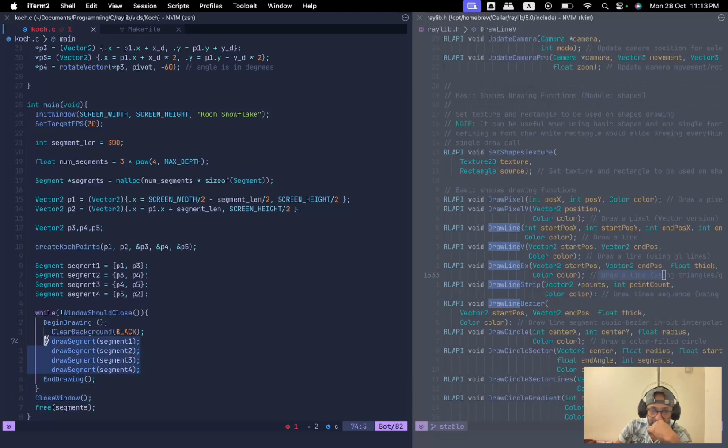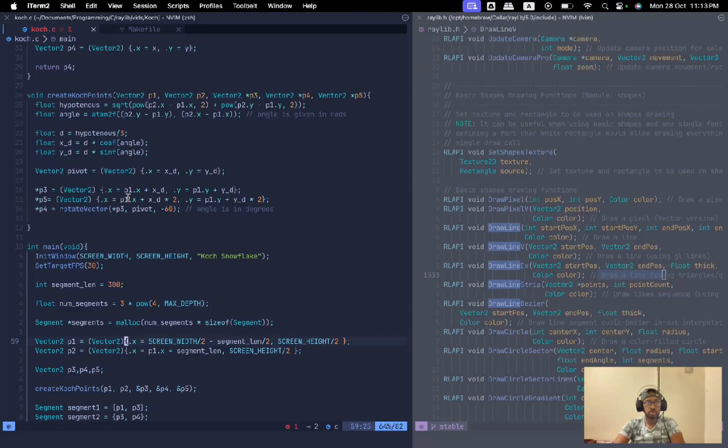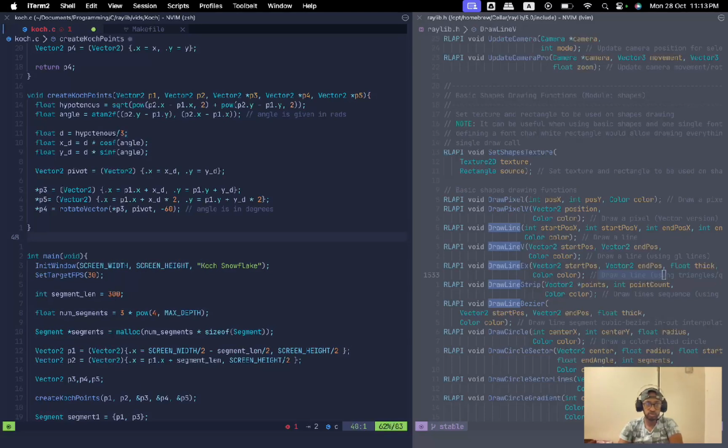Rather than drawing each segment individually, I can put them in the array, loop through the array and draw them. So I need to create a new function, void, and I want to create Koch.